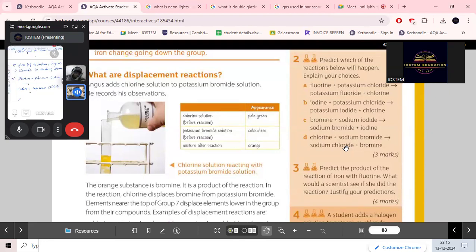And if bromine is added to sodium iodide, and chlorine is added to sodium bromide.